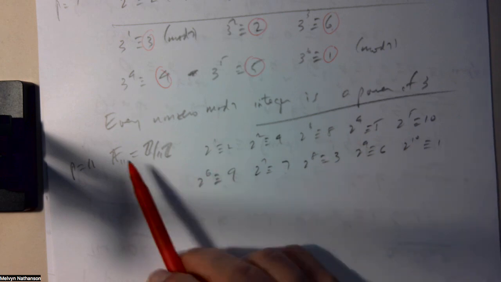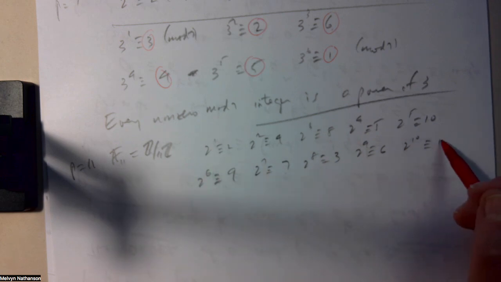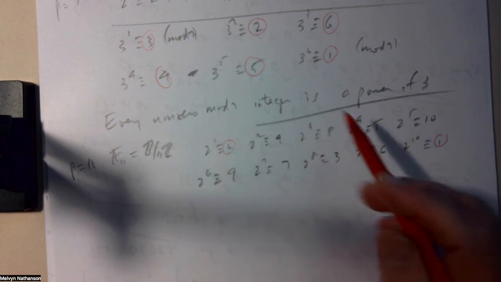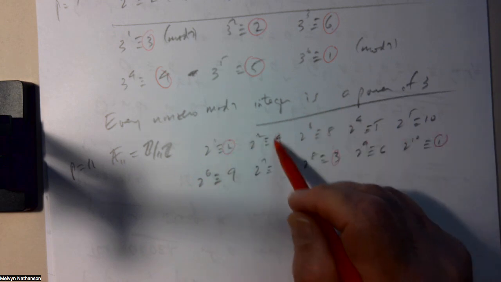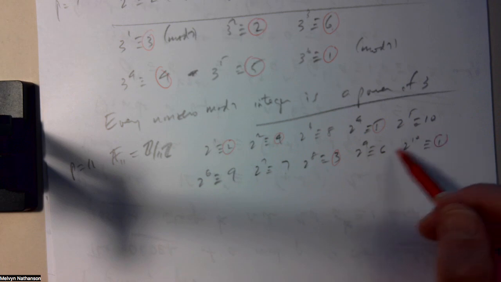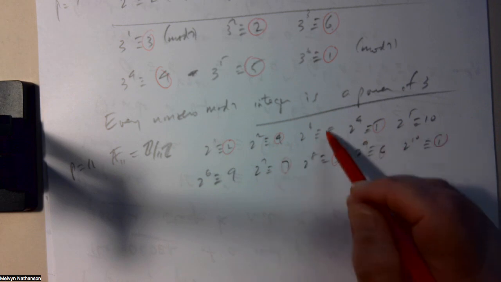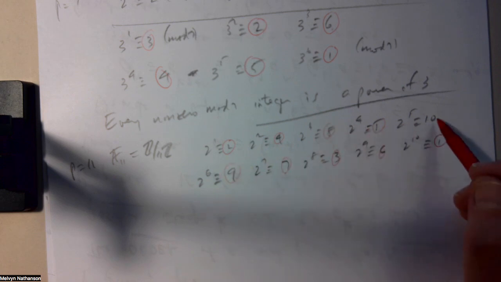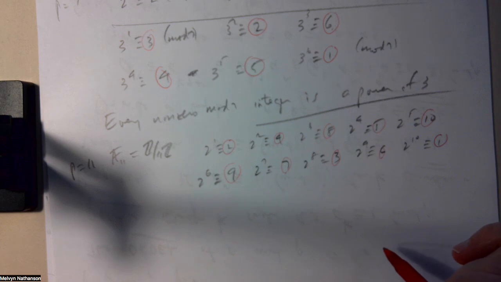So if I look at the powers of 2 mod 11, I get 1, 2, 3, 4, 5, 6, 7, 8, 9, 10. Get them all.